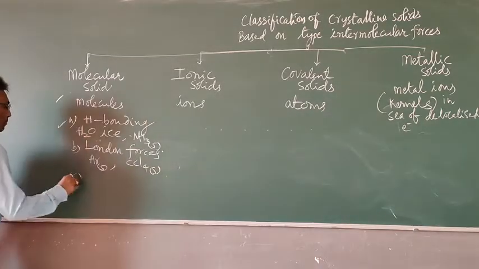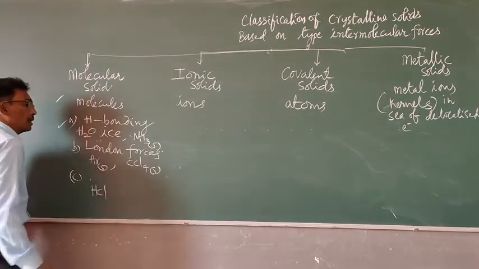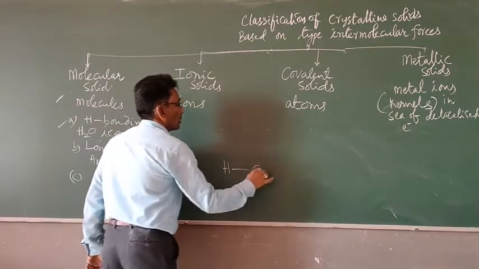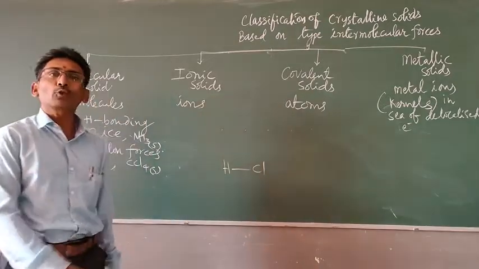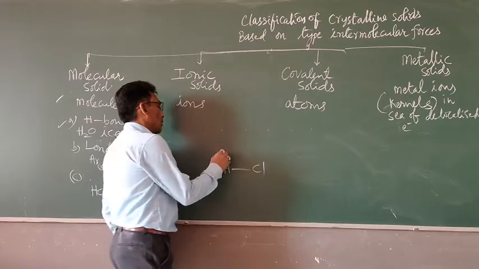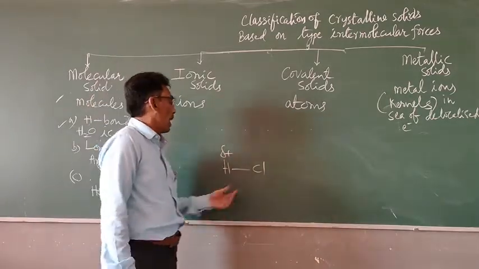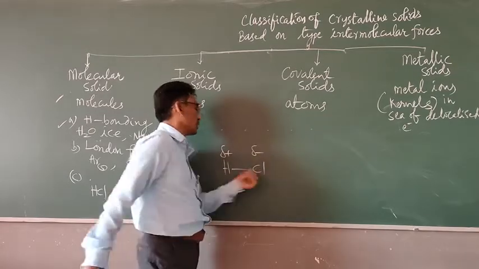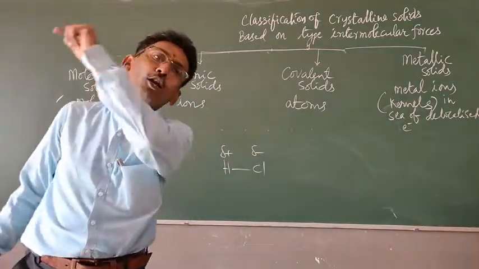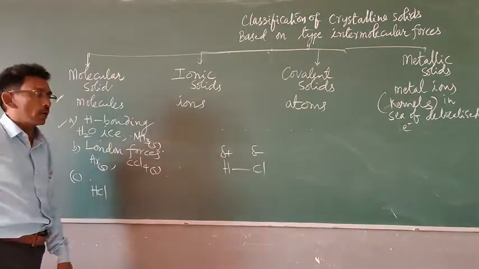Next one. If you take HCl, what is observed from the first year? Due to the difference in electronegativity between hydrogen and chlorine, there is a partial positive charge on hydrogen, being less electronegative, and a partial negative charge on chlorine. It is a polar covalent molecule, and CCl4 is a non-polar covalent molecule.